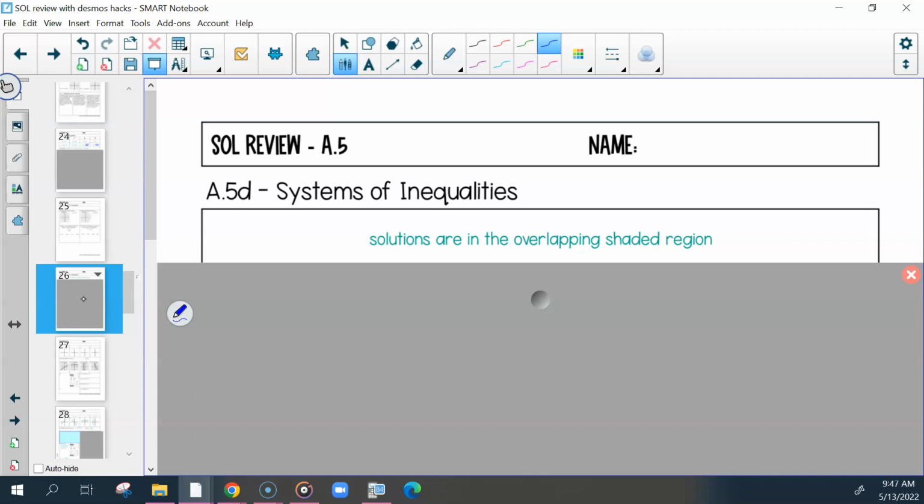Would we like to see any of 16 through 19 in Desmos? Did you have one? Sure. Which one? 16. As soon as everyone's finished, I'll do 16.